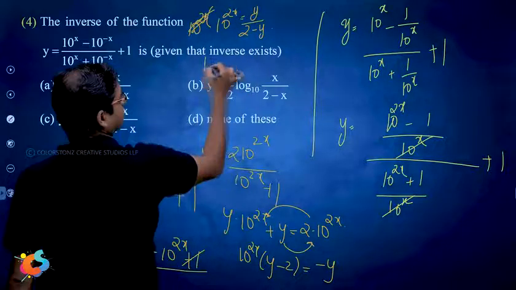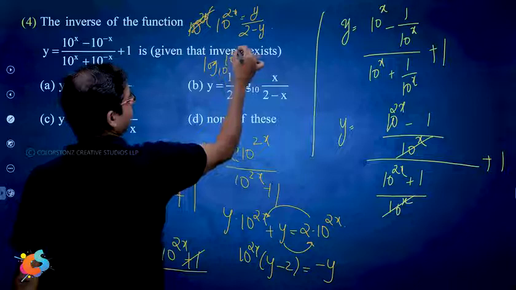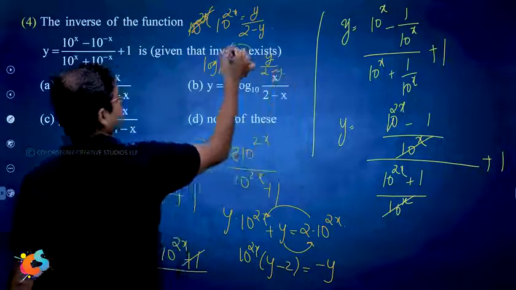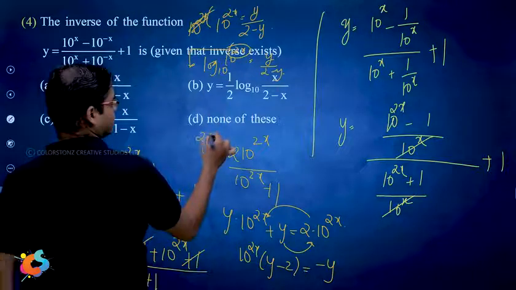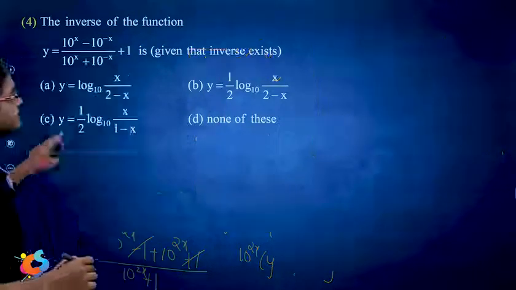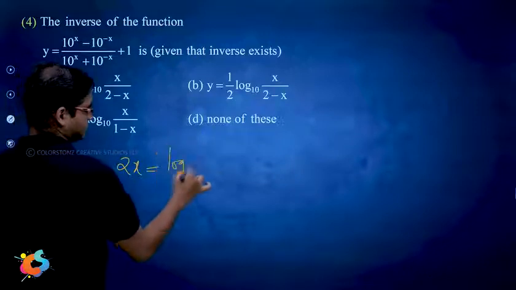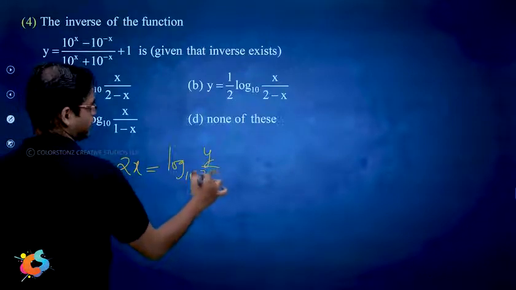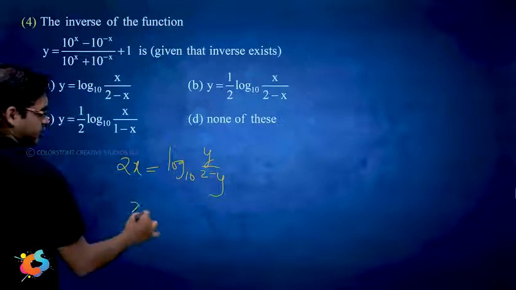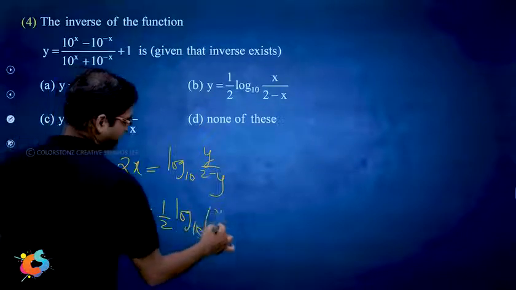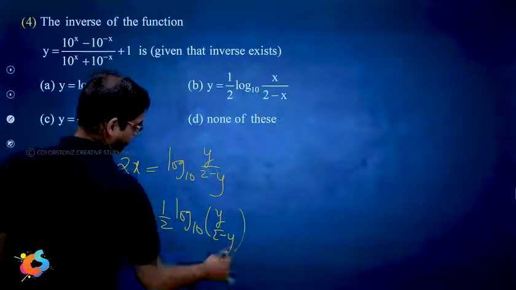So take log on both sides, log to the base 10 is equal to y by 2 minus y. So this 2x will come down. So from here we have 2x is equal to log to the base 10 y by 2 minus y. So therefore x is equal to half of log to the base 10 y by 2 minus y.